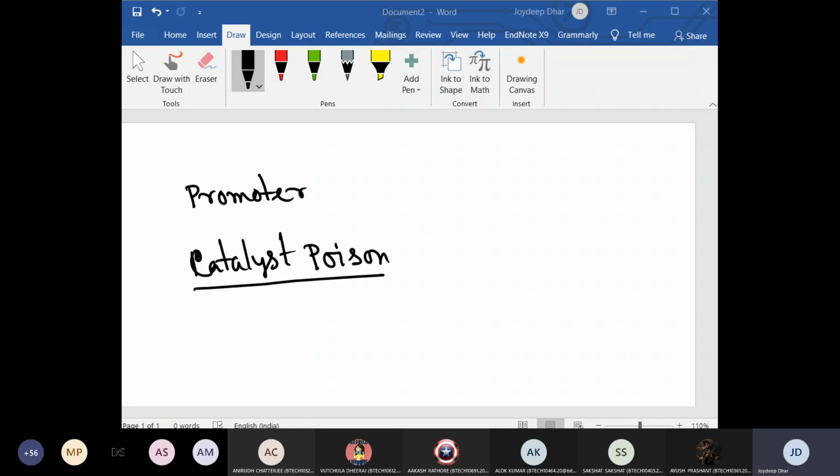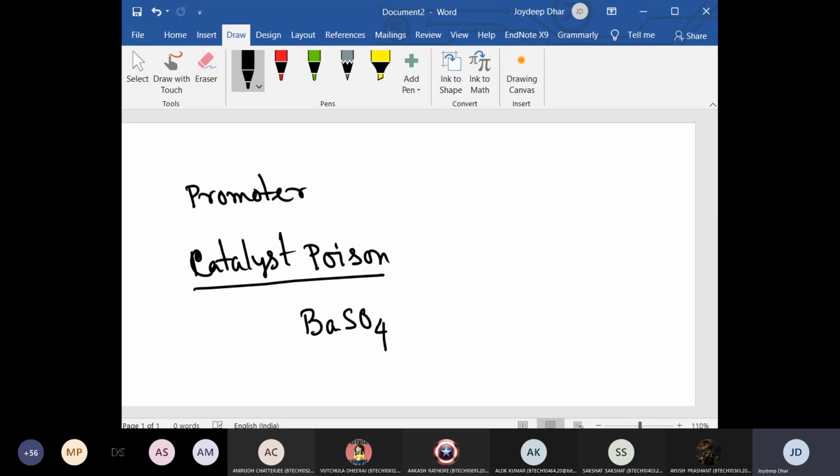So there are several types of catalyst poison which will reduce the activity or efficiency of the catalyst. You have seen so many reactions. Barium sulfate. Do you remember barium sulfate in your school book?